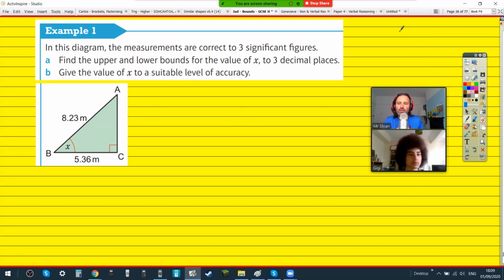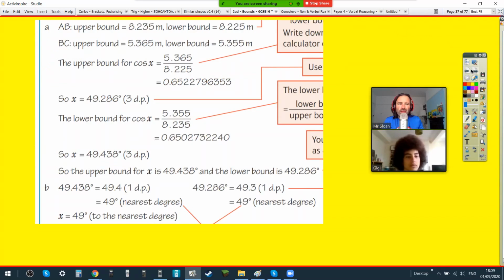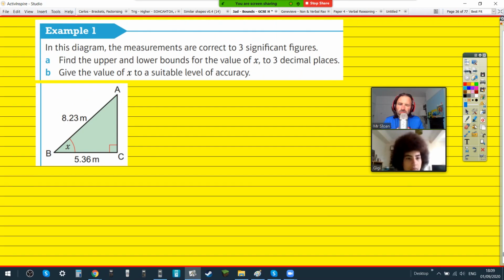This one's extreme. Alright, we'll do it. How would we do this one? Find the upper bound and lower bounds for the value of x. So sine, is it sine?